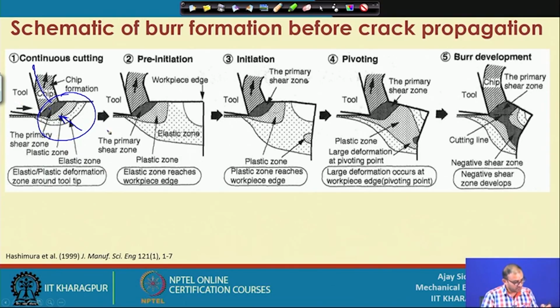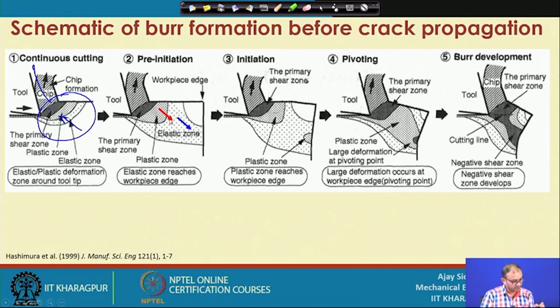So, when you continue in this particular direction, whatever the plastic zone and elastic zone are, they will try to propagate. Now, this is the end edge of the workpiece, because we know that mostly burrs are formed on the top surface or the edge of the workpiece.